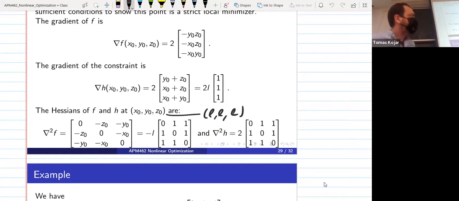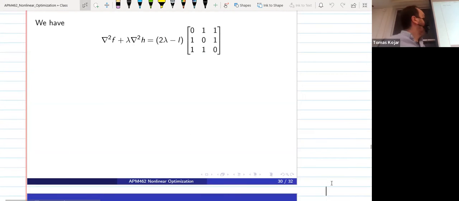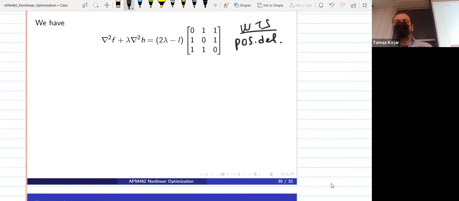Good. So I have to prove that this matrix is positive definite. How do I do that? Do you remember? I have a nasty way, but there's an easy way that we can do it.